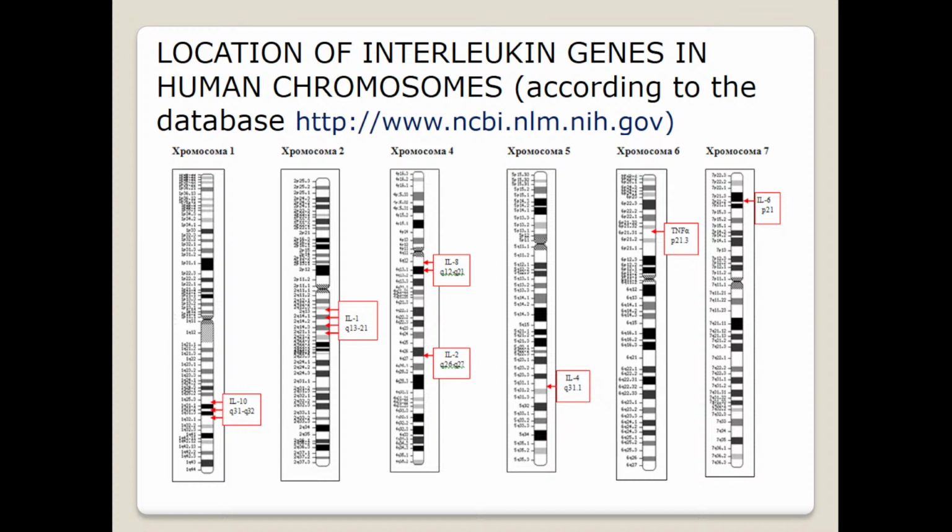And you can find P and Q and bands and heterochromatin and euchromatin and the location of some genes. For example, chromosome number 1, the first picture on the left, presents the location of interleukin 10, Q31, Q33. It is the address of this gene.